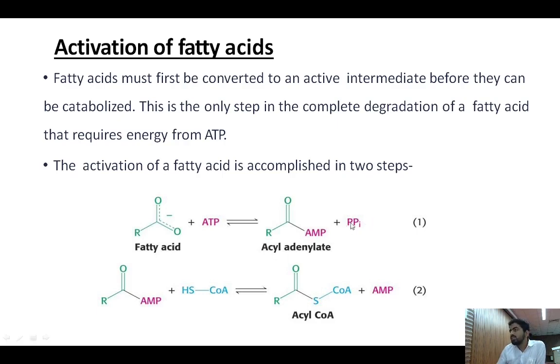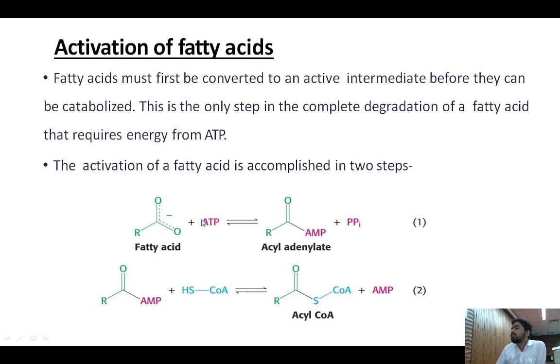Plus 2 high energy phosphate bonds are released, right? So what is happening? How many ATP are used here? It seems like 1 ATP is used, but ultimately it forms AMP, releasing 2 phosphates, right? This is high energy phosphate. So normally ATP to ADP is formed, and we say that 1 ATP was required.